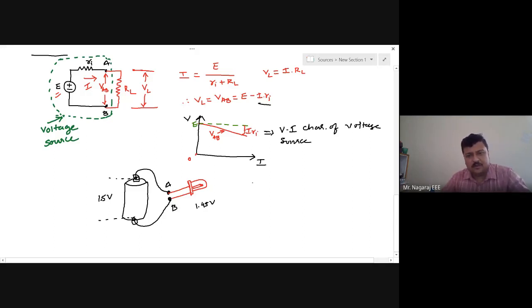One is I haven't connected RL. Second is I have short circuited RL. Making resistance 0 means creating a short circuit, while keeping the load 0 means not connecting the load at all. So there are two understandings at this point.